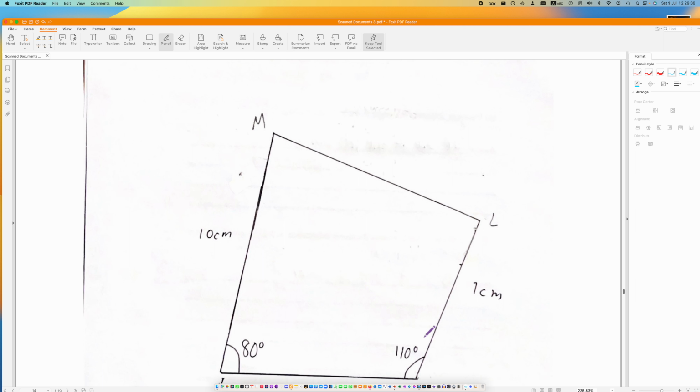I went to the bookshop and asked to see all the compasses they have, and then I picked this one. The rest can't open up so much. That's not so good.